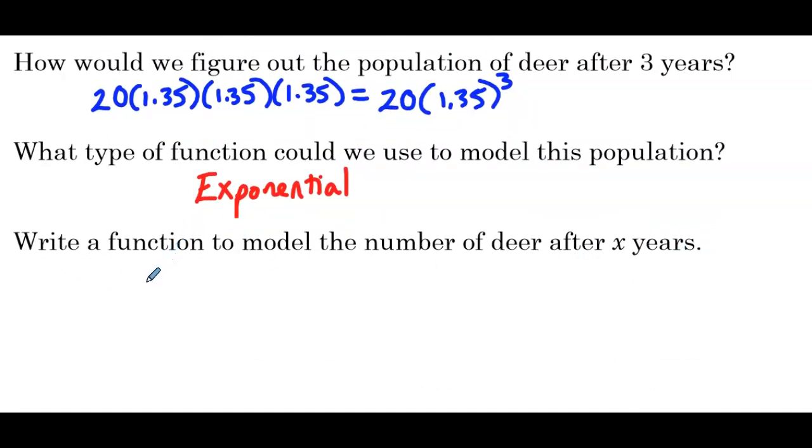So that means we'd be multiplying 20 by 1.35 x times. So we can write our function as 20 times 1.35 to the x. So the x indicates that we're multiplying 1.35 out x times, repeated multiplication, which means we have an exponential function.